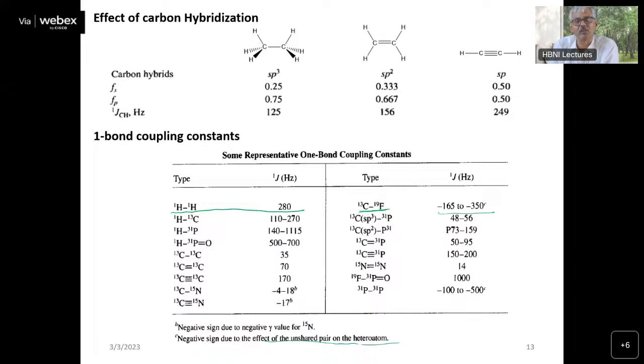It is not only the bonding pairs; if the NMR active atom has a lone pair, that also affects. So in some cases you will see this, like in phosphorus coupling.